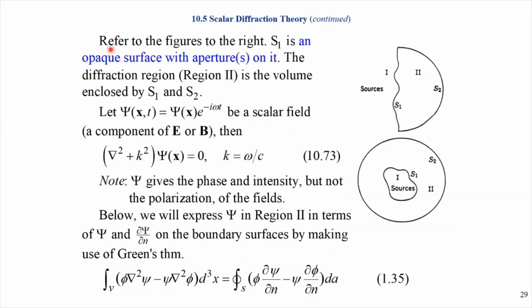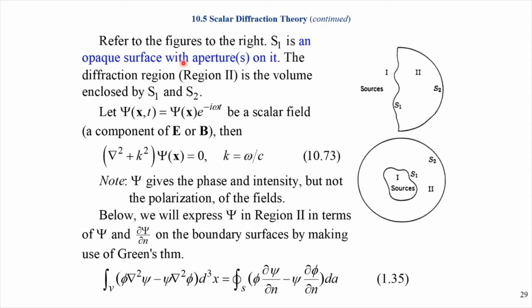Okay, refer to the figures to the right. This is a side view. This is the top view. Okay, S1 is an opaque surface, just like metal.